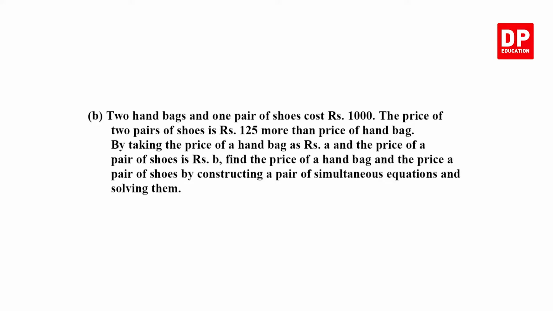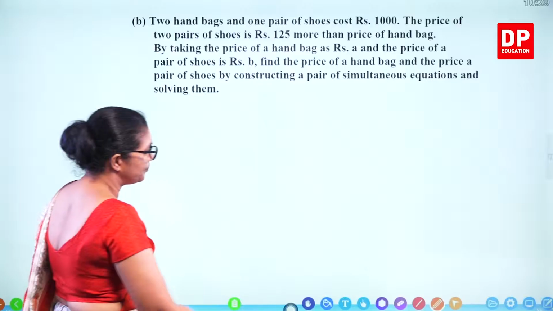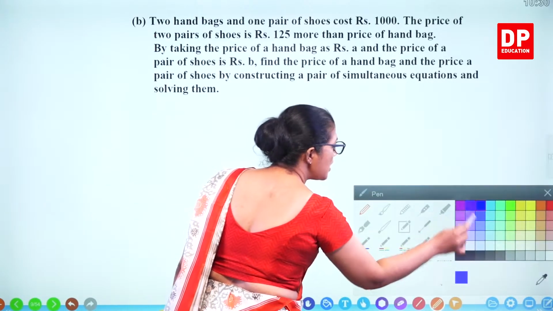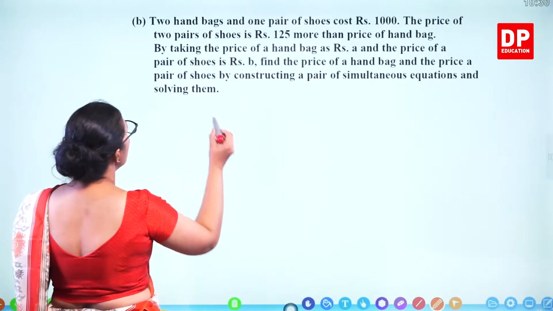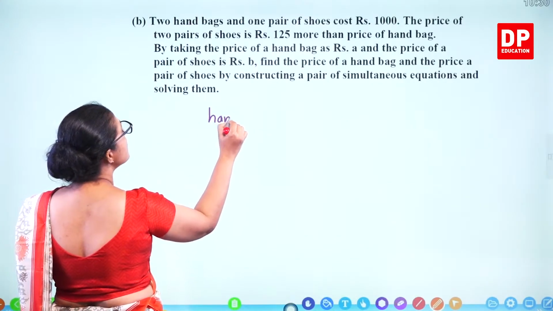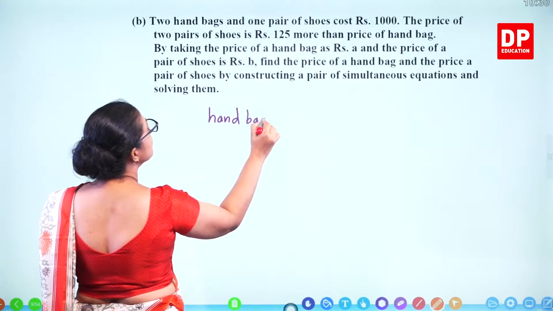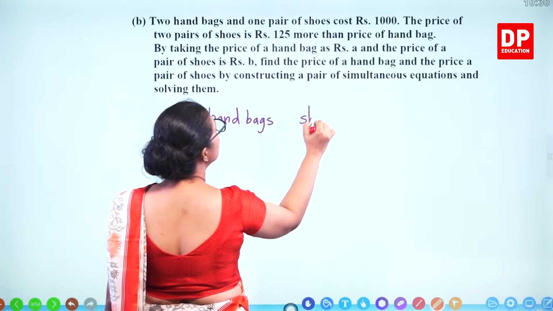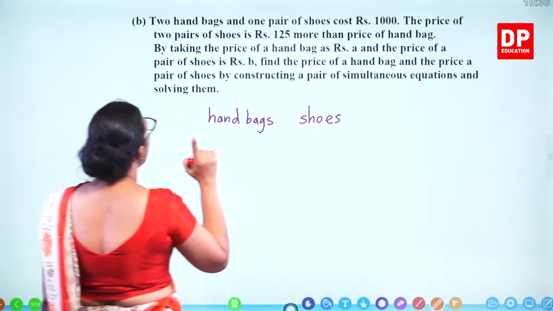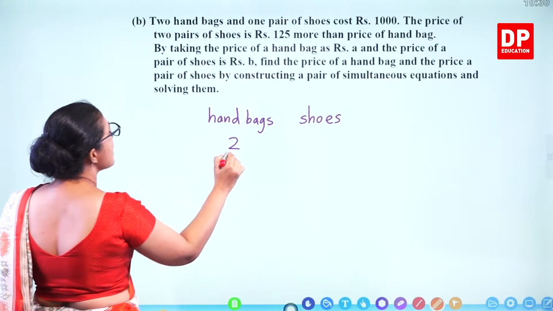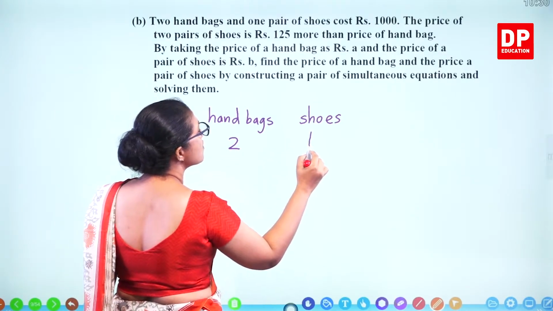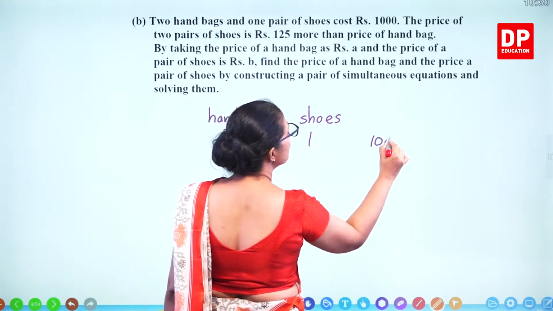Part B. 2 handbags and 1 pair of shoes cost 1,000 rupees. This is constructing equations. What are the things here? Handbags and shoes. 2 handbags and 1 pair of shoes cost 1,000 rupees.